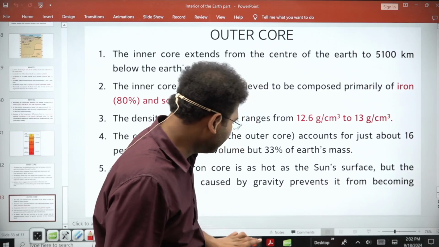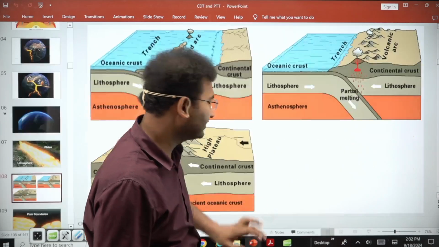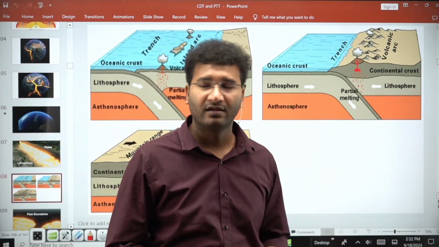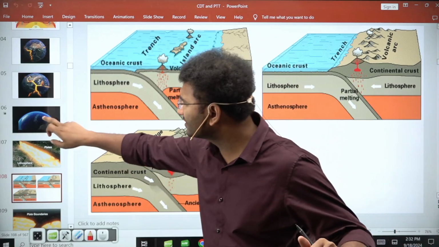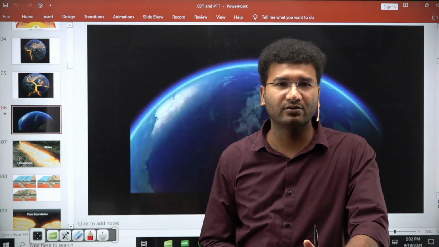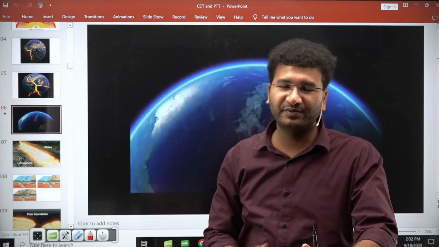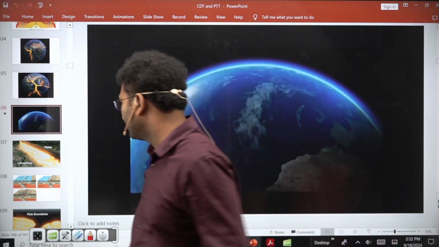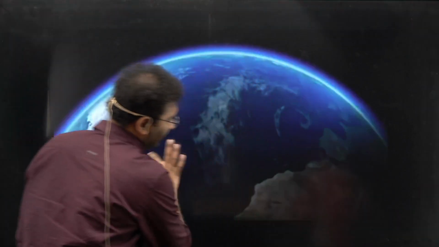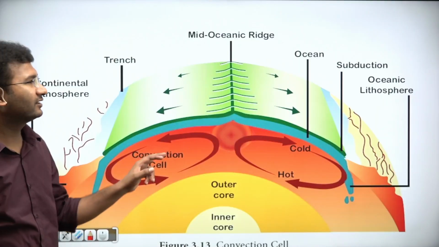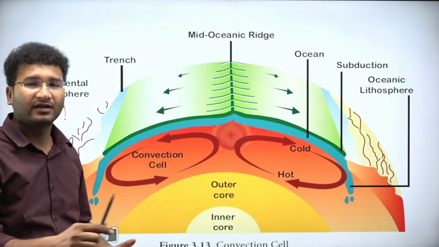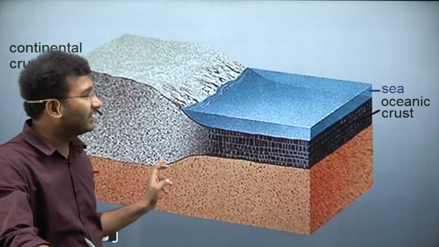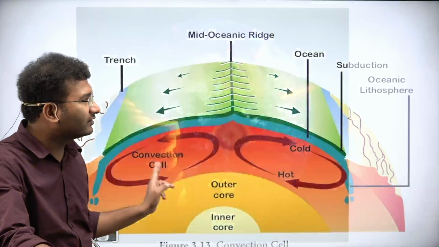Now these are some of the basic facts that you are supposed to know with respect to the interior of the earth. Along with this, I would also like to tell you that the entire lithosphere is made up of plates. Look at this. Our lithosphere is made up of plates. That means the top layer of the lithosphere is always made up of plates, and these plates keep on moving from one place to another. Imagine this is Africa.